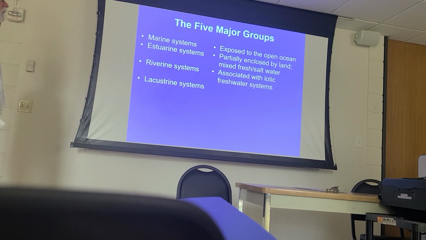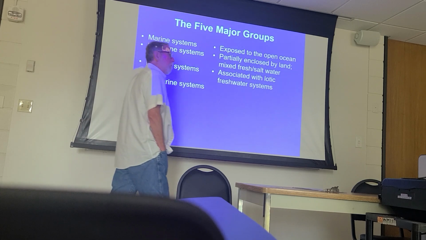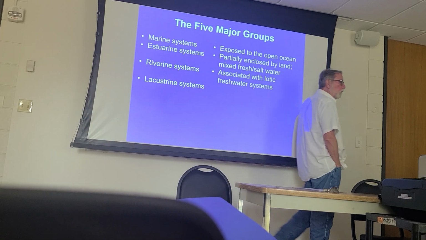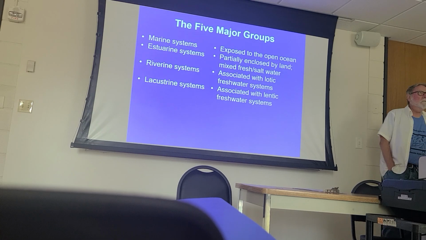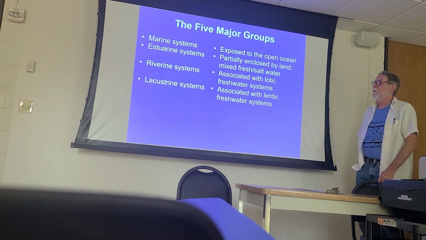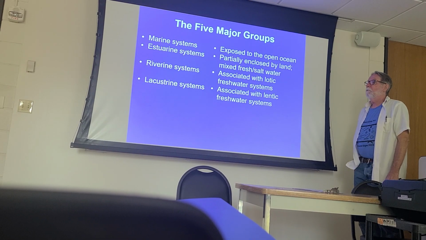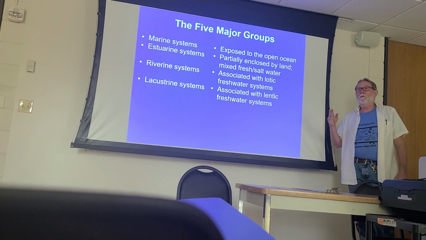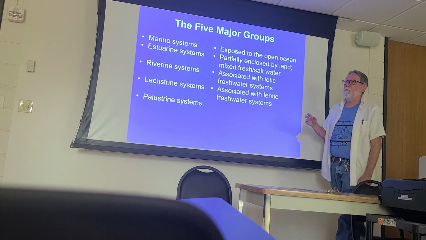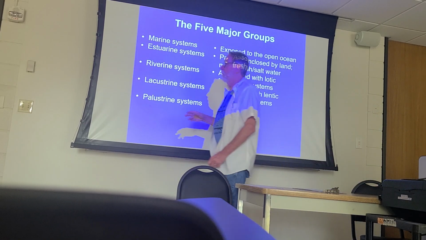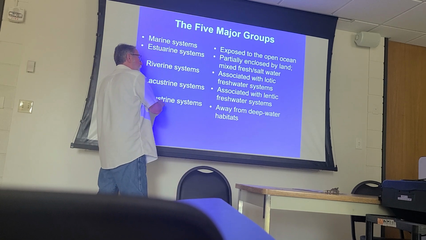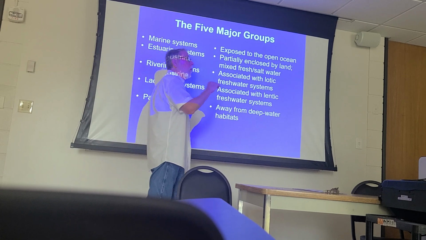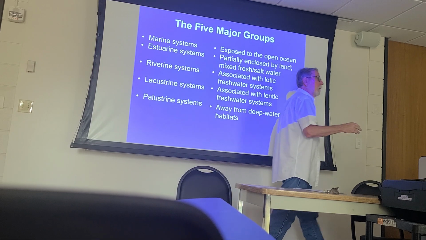Fourth are called lacustrine systems. They're not associated with flowing systems. Those are the ones that are associated with lentic systems. So lakes and their wetlands are lacustrine. And finally, the last one, which is going to be weird, is called palustrine systems. Palustrine systems are wetlands that are away from any sort of deep water habitats.